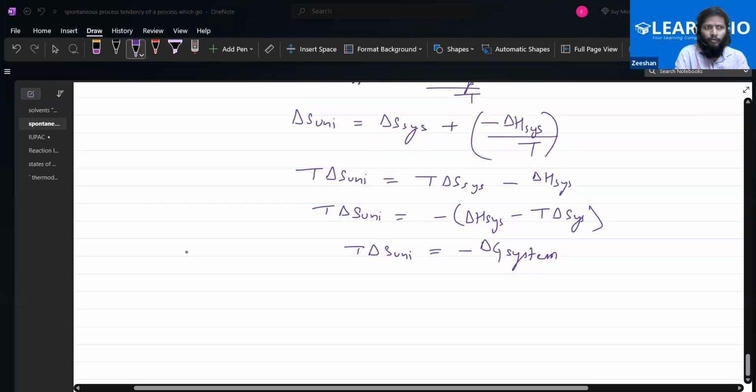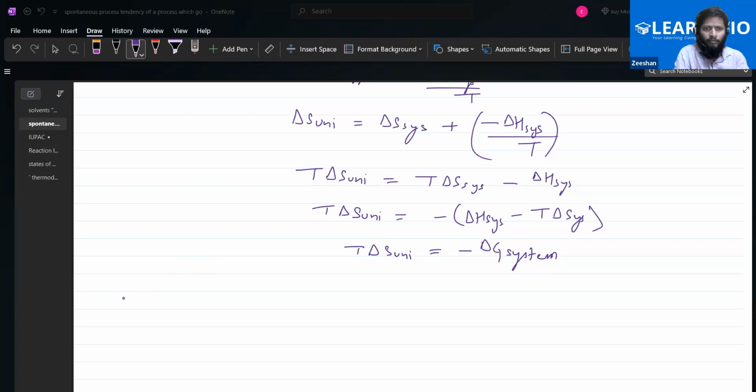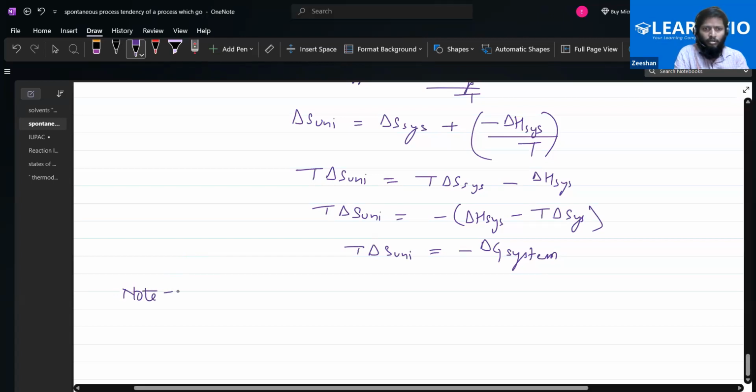One more thing you have to add, for spontaneous, just have to note. For spontaneous reaction, delta G must be less than 0.